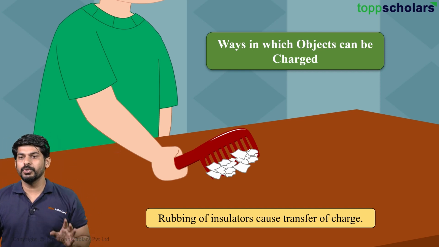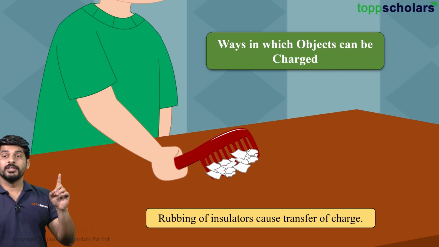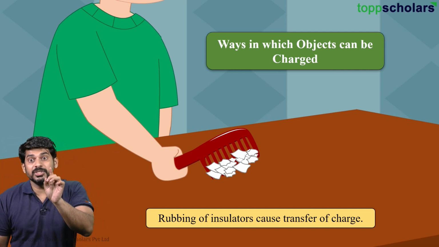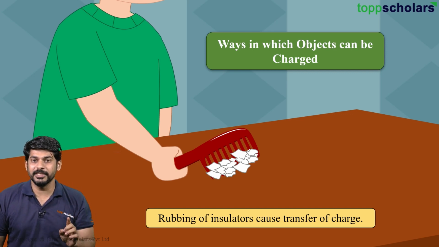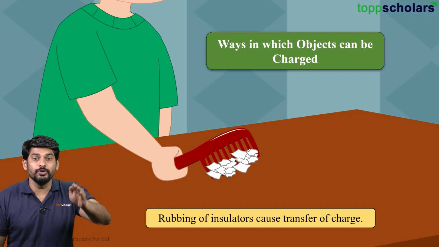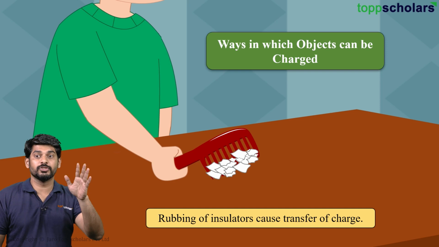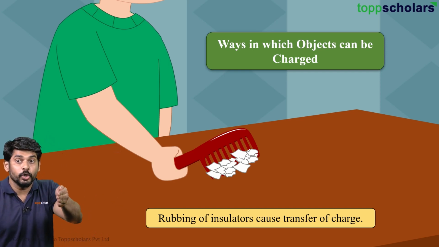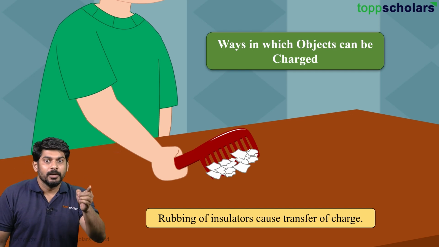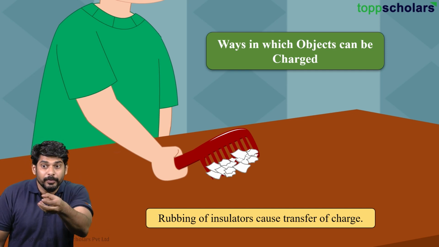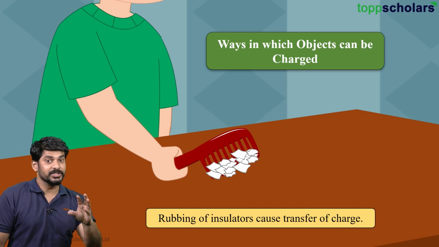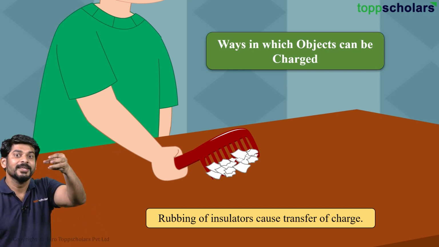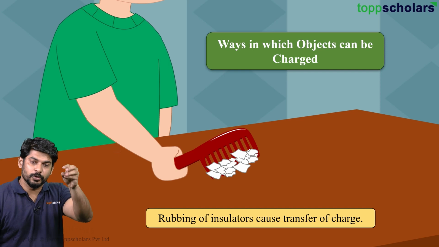Like we can see over here that when the comb is rubbed on the hair, then some charge is transferred, isn't it? And the charge is accumulated on the surface of the comb. That's why when it is brought closer to pieces of paper, the pieces of paper are attracted towards the comb and stick to its surface.